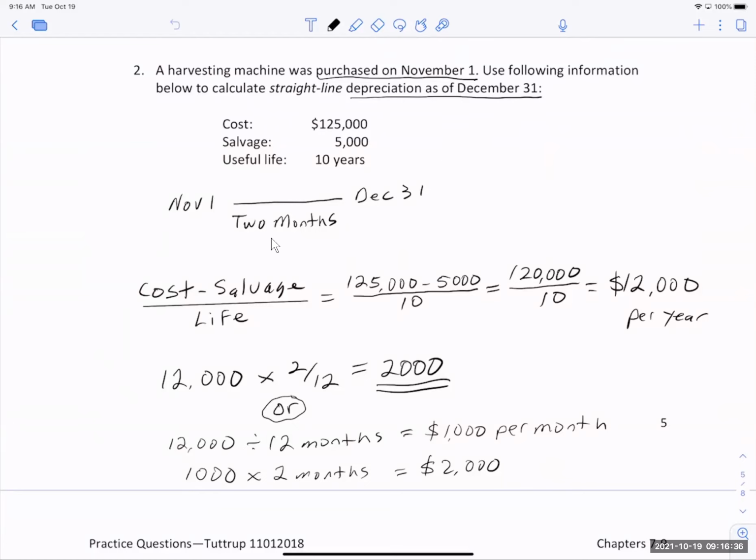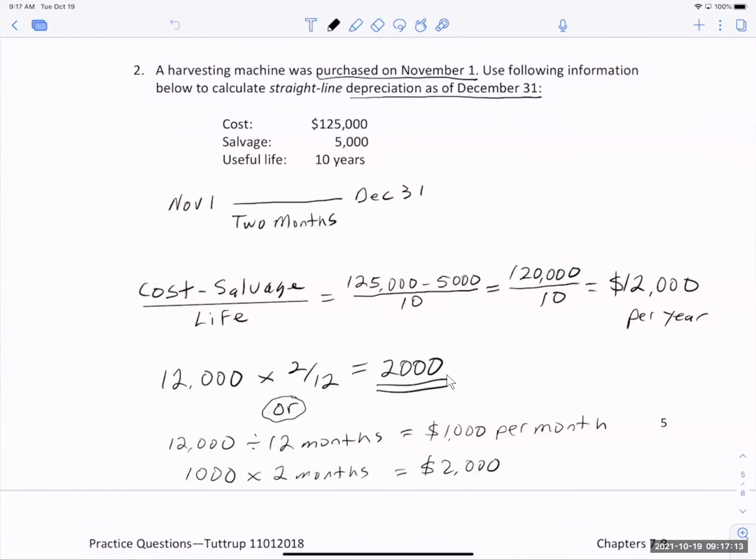What we have to do is depreciate only 2 months of depreciation, right? So from November 1 through December 31, that's 2 months. So we need to depreciate just for 2 months. Well, how do we do that? Well, first off, we're going to calculate depreciation for one full year, right? And then we'll apply a portion of the year. In other words, here we're going to be going 2 out of the 12 months.